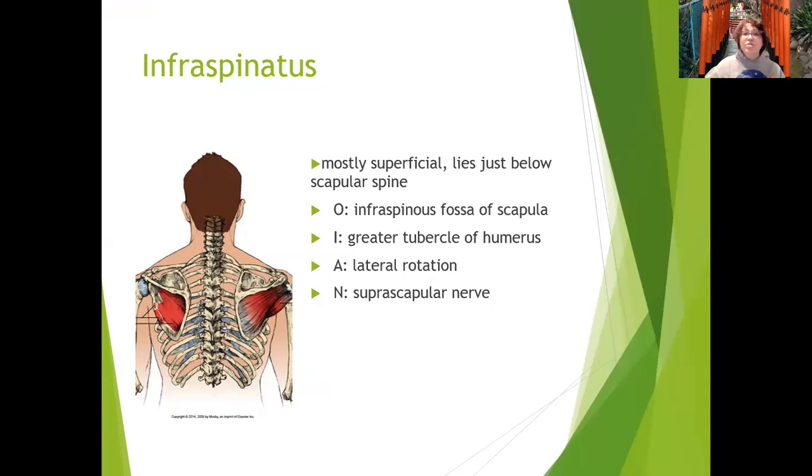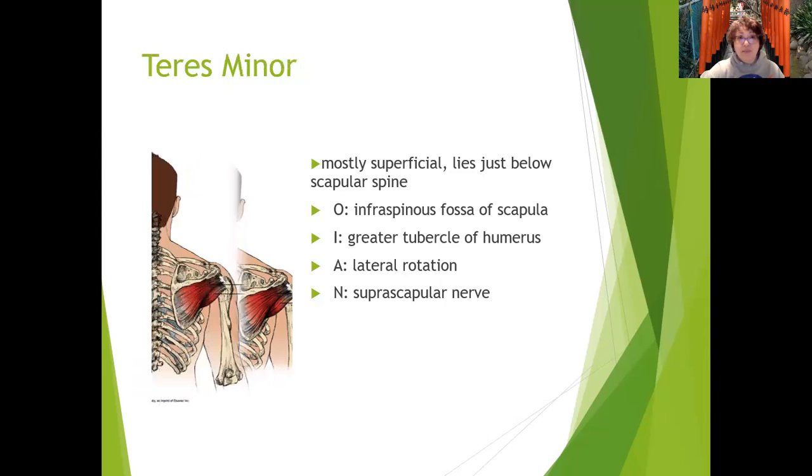It inserts on the greater tubercle of the humerus in the rotator cuff attachment, which you can also palpate. It does lateral rotation of the humerus on the glenoid fossa, as well as performing the dynamic stabilization. And it gets the suprascapular nerve just like the supraspinatus.